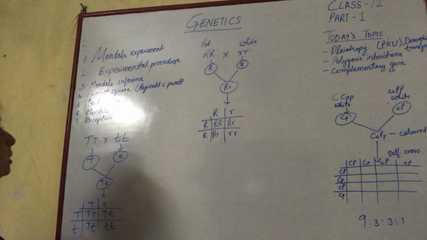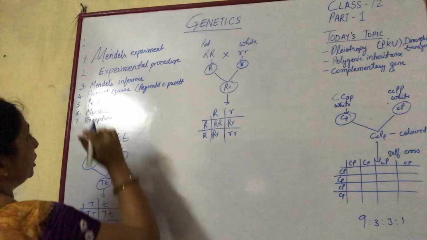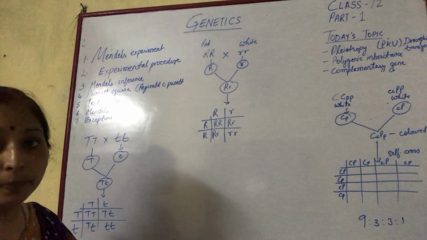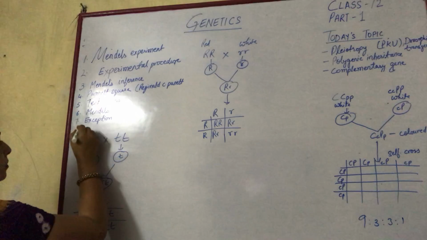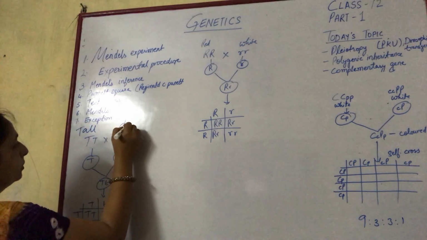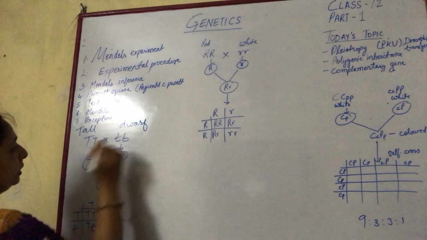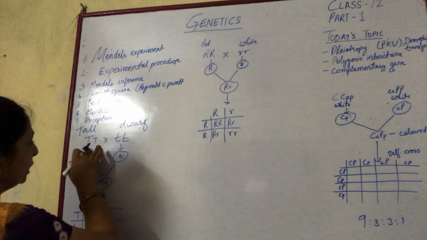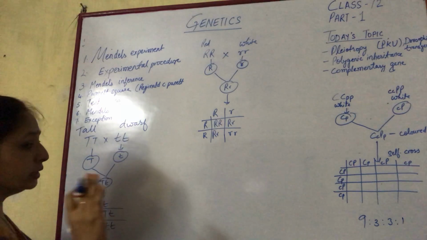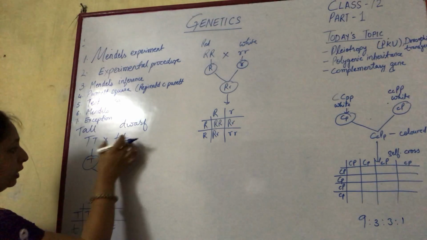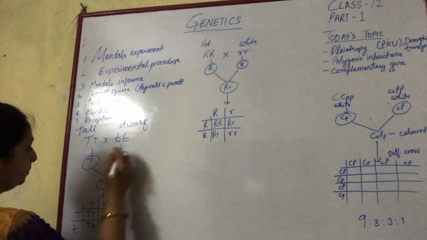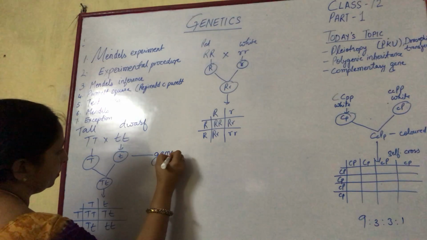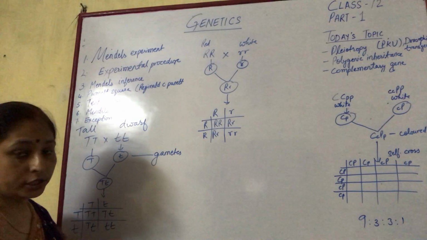So let's start with the Punnett square. We have taken an example of a tall plant and a dwarf plant. Tall is represented by capital T, both capital T, and dwarf with small t, both small. Then capital T and small t are the gametes for the first generation.